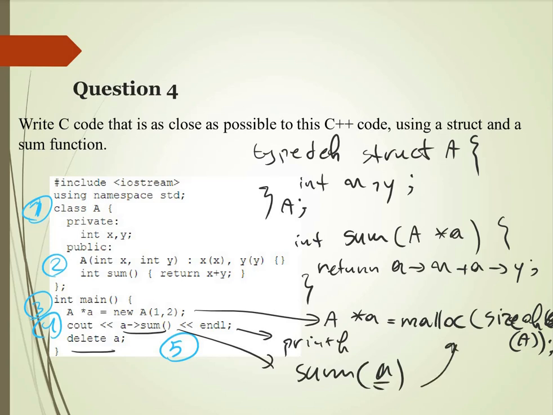And then instead of using this delete, I'm going to free A, which is basically the same, except that it is in the syntax of C code. Okay, so we are done with this question as well.